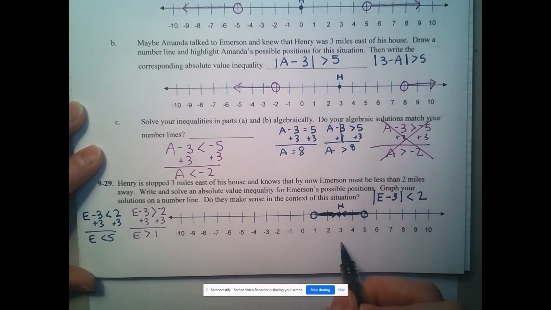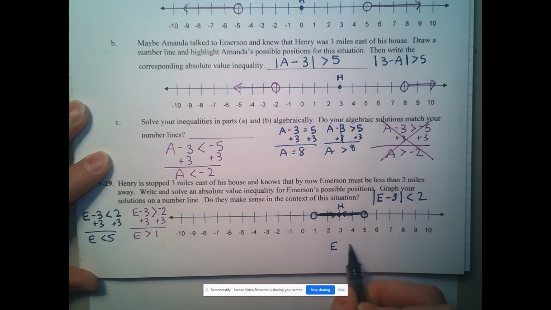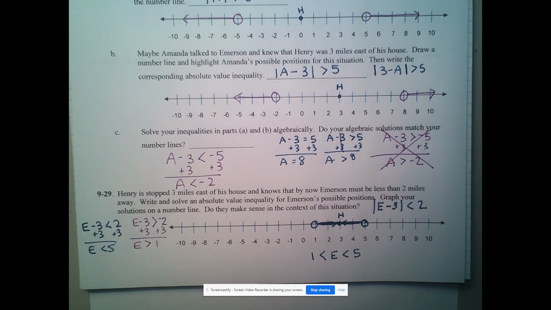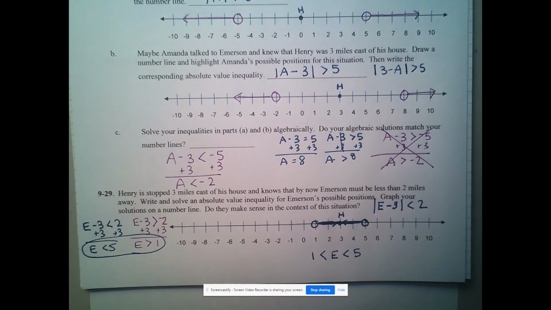So the other way to say that is that Emerson could be less than 5. Emerson could also be greater than 1. Emerson could be anywhere between 1 and 5. And all I did was combine our two solutions from solving the inequality using the look inside method and making sure that the first one is less than 2, the second one is greater than negative 2. I have to remember to switch both.